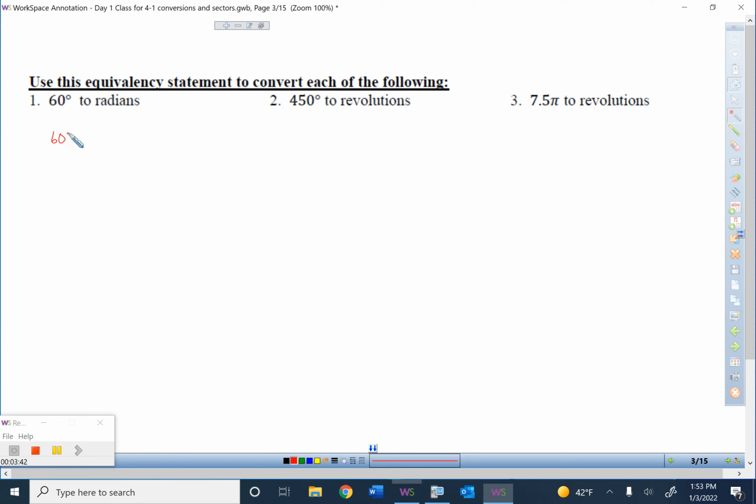Whatever number you're given goes first, and that's just going to go by itself. And what we're going to do is multiply it by a fraction, or our factor, to eliminate what we have and to get what we need. So remember, we've got 1 revolution is the same as 360 degrees is the same thing as 2 pi radians.